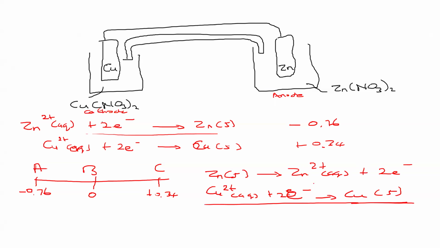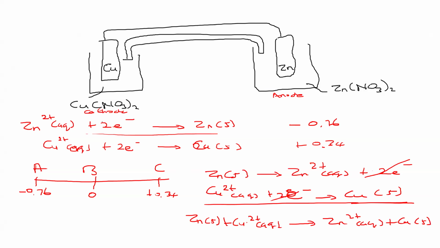Let's make sure it's balanced: 2 electrons on each side, so these electrons cancel each other. Now write the net reaction: Zn plus Cu 2+ (aqueous) to give Zn 2+ (aqueous) plus Cu. I hope it makes sense.